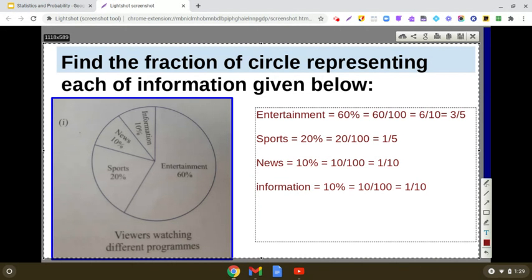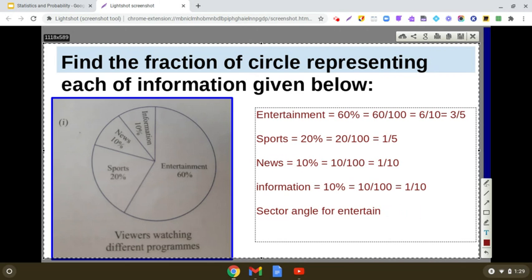Okay, can you tell me what will be the sector angle for the entertainment? Sector angle for entertainment. What is the total central angle in a circle? It is 360 degrees.